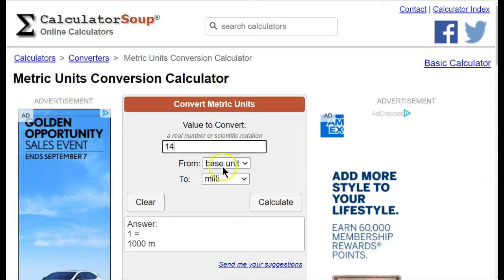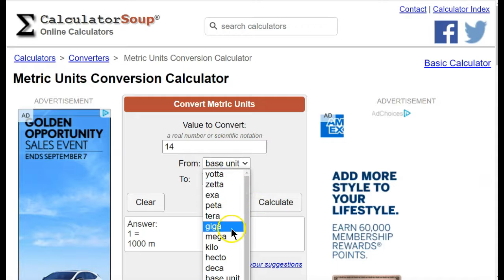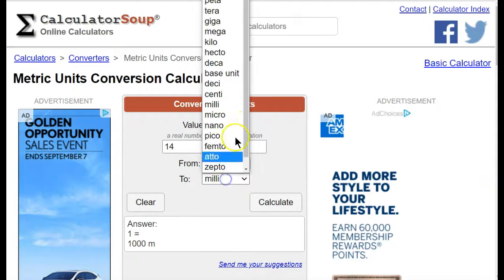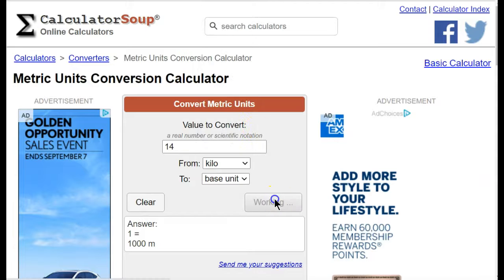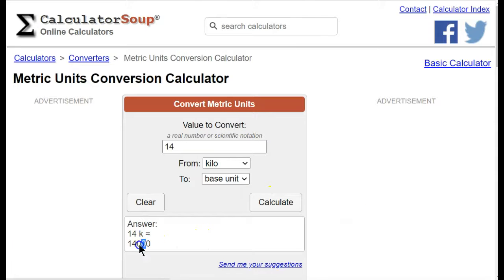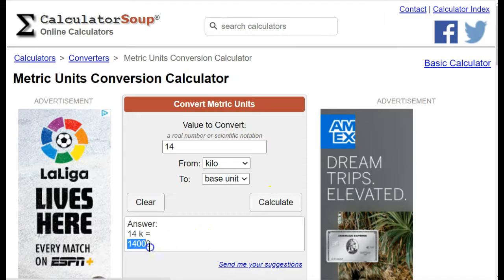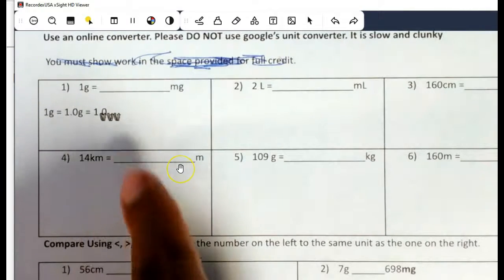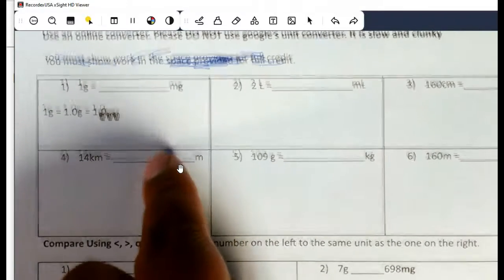We're going to put 14, and it's going to be kilo, and I know that it's meters, but I'm going from kilo down to the base unit. Let me calculate, and this will be my answer, 14,000. So that's what you would put here. You would put 14 kilometers is equal to 14,000 meters.